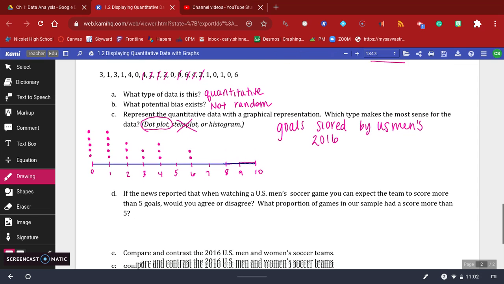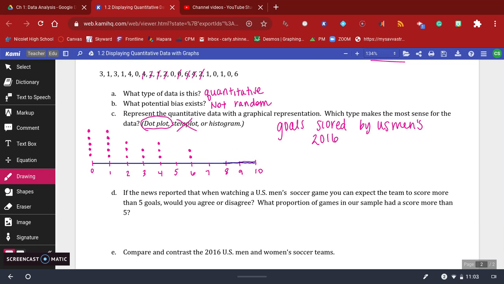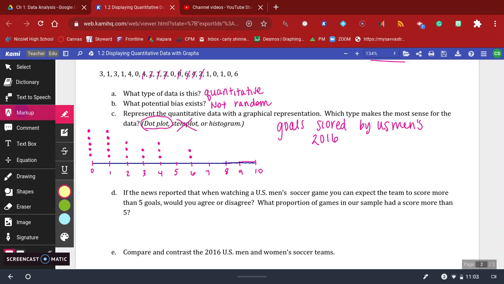Maybe you did too. Let's try choice D, and then we're going to compare and contrast both of the distributions, okay? So this is the same thing. If the news was reporting that you can expect, keyword expect, more than 5 goals, do we agree or disagree?